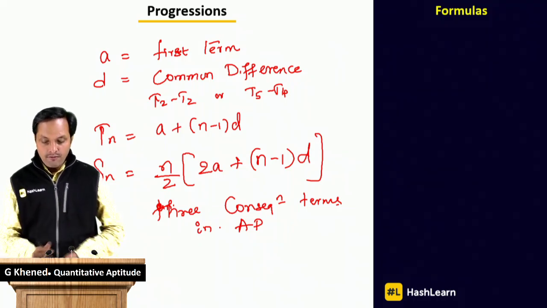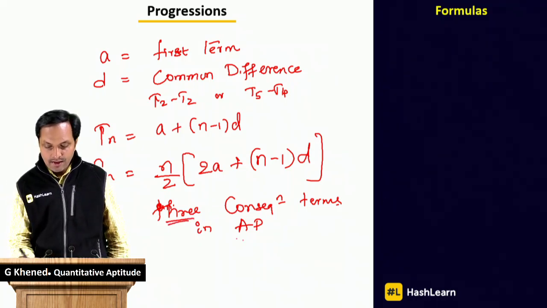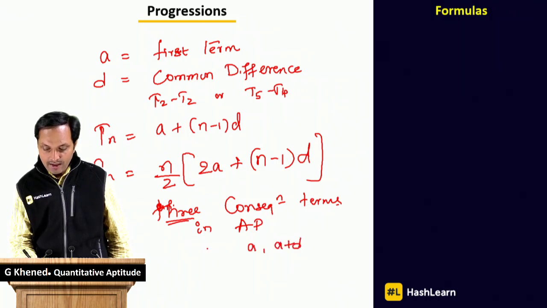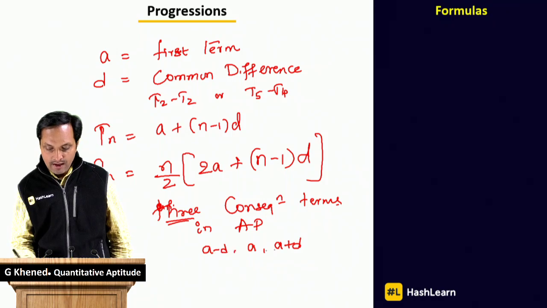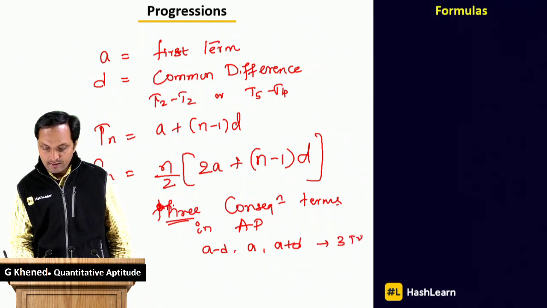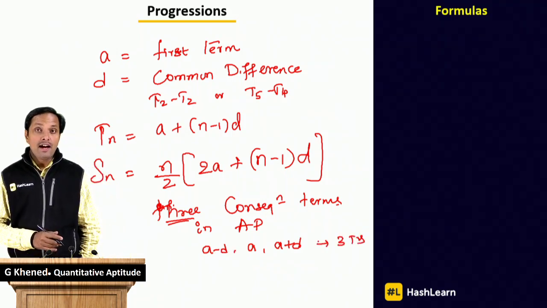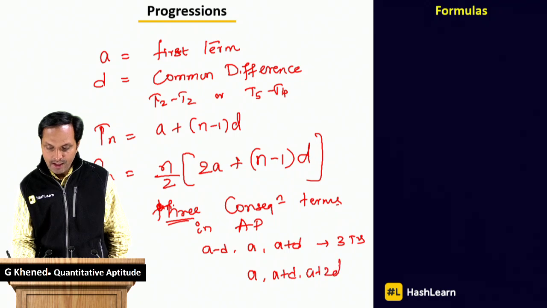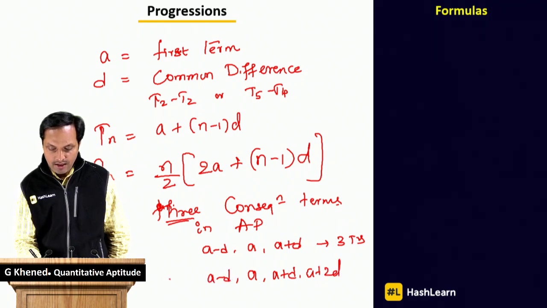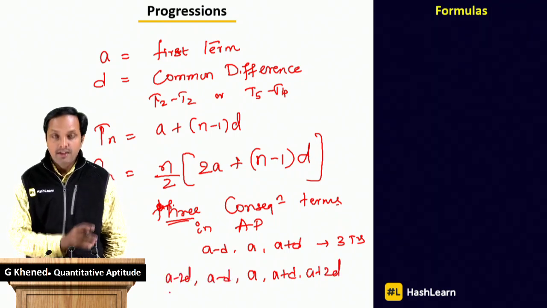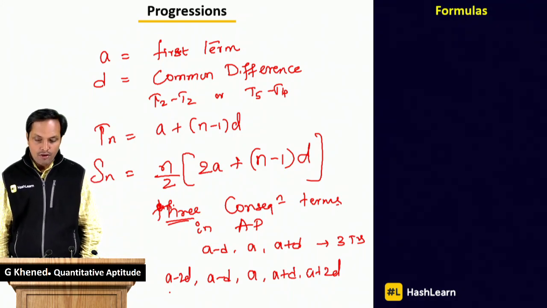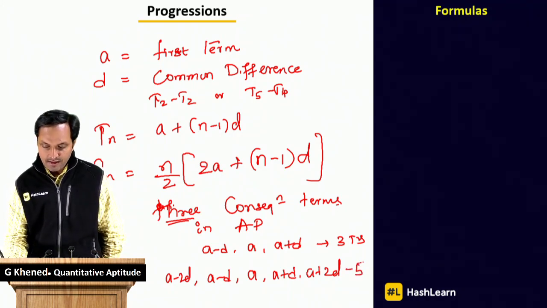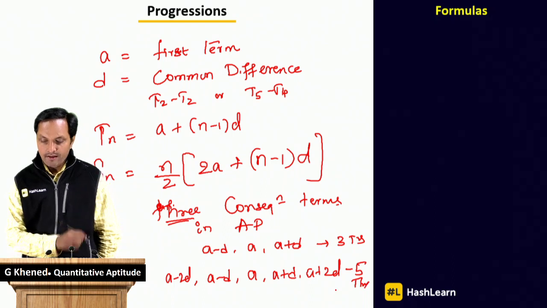What you need to do when they ask you 3 consecutive terms: A is the middle one, the next one is A plus D, and you take the one behind as A minus D. So these are the 3 terms. If they ask you 5 terms, take A plus D, A plus 2D, and going back A minus D and A minus 2D. So these are 5 consecutive terms of AP.